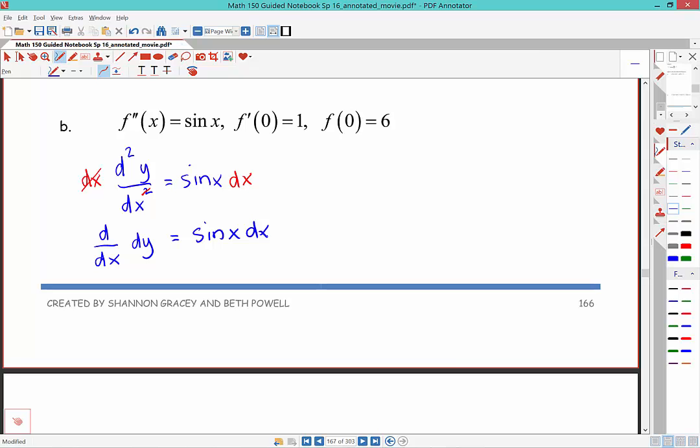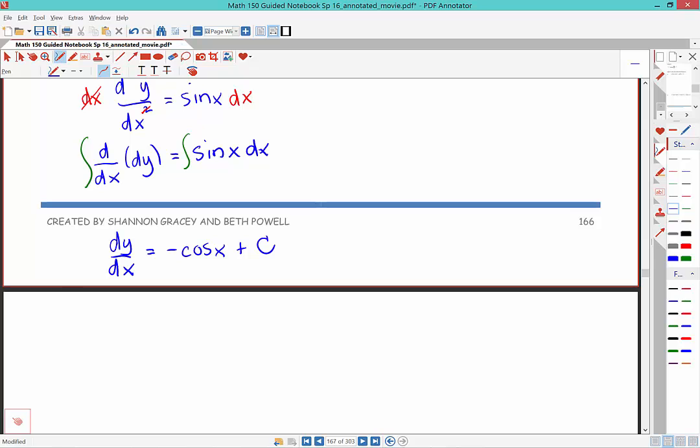And so now, integrating, this part will just take on y. So we'll end up with dy/dx is equal to negative cosine of x plus c.